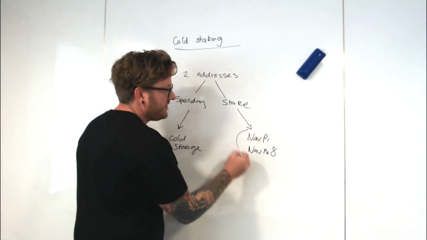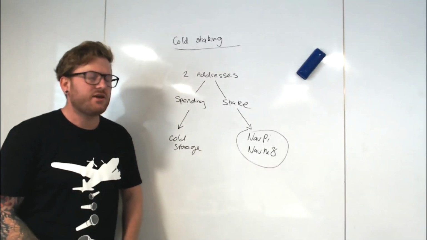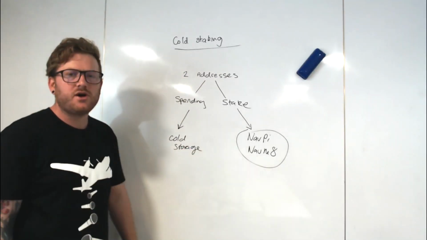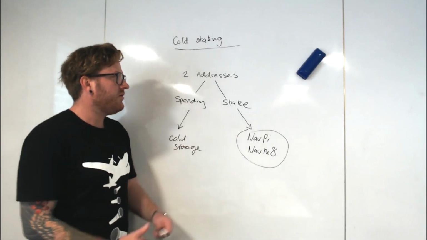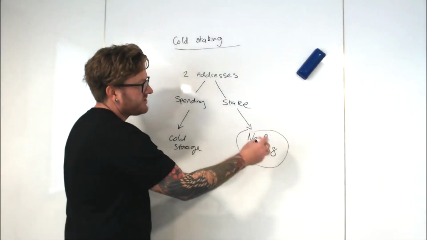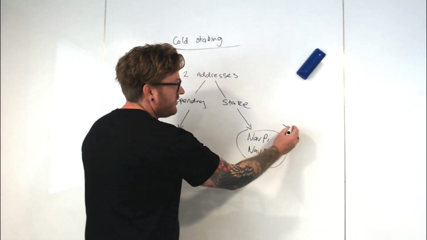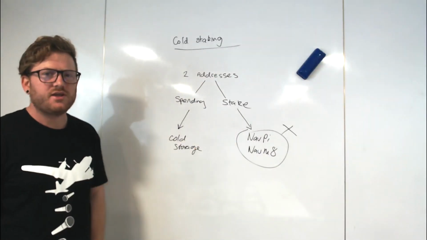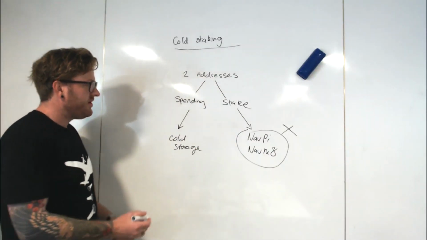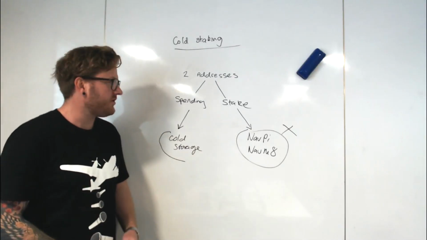This one's connected to the internet, so it's potentially more vulnerable to hackers and has to stay online all the time. So if someone does manage to compromise the device which is staking, they can't spend any of your coins, because the only action that this key can perform is staking. Your spending key is safely away from your hot wallet. That's the whole point of this, basically.